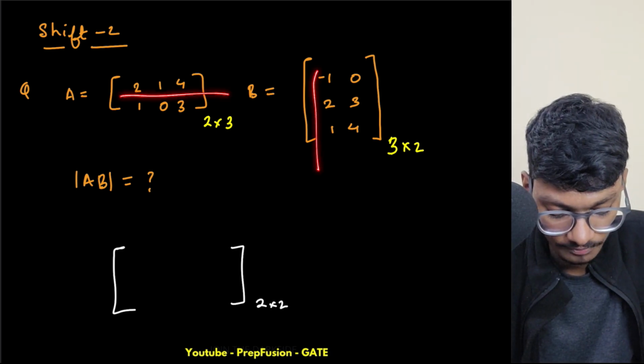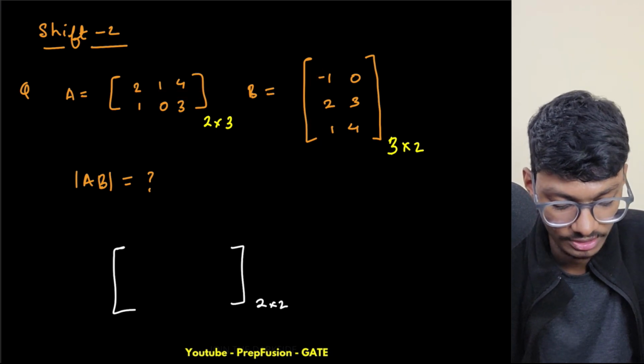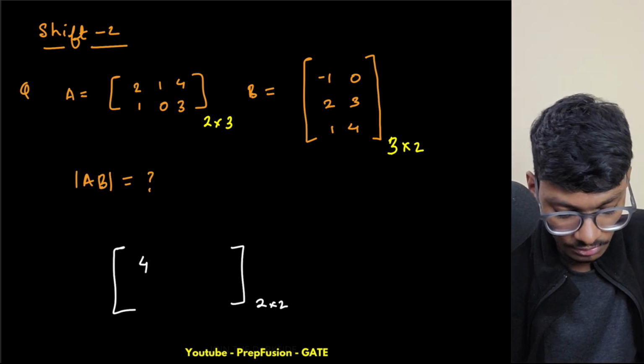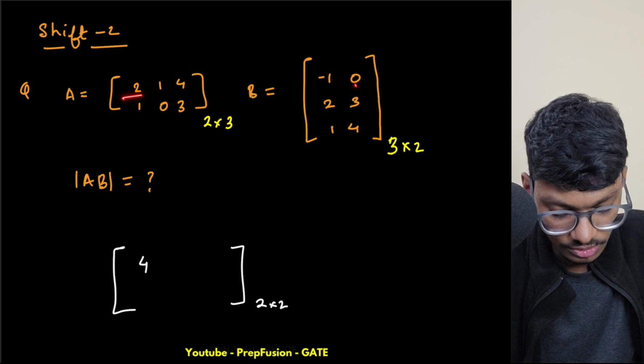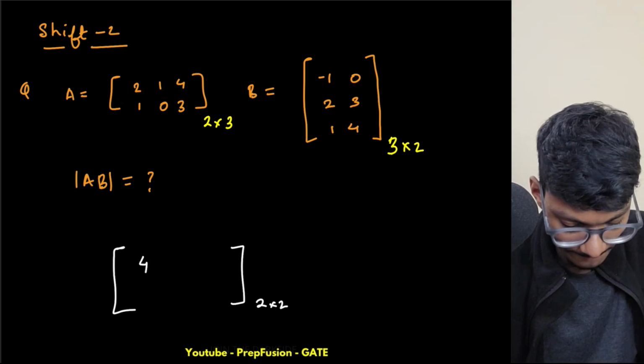Now let's do the multiplication. Row into column: 2 times minus 1 is minus 2, 2 times 2 is 4, 1 times 2 is 2, so minus 2 plus 2 gets cancelled, 4 times 1 is 4. So here we will have 4. Now 2 times 0 is 0, 1 times 3 is 3, 4 times 4 is 16, so this will be 19.